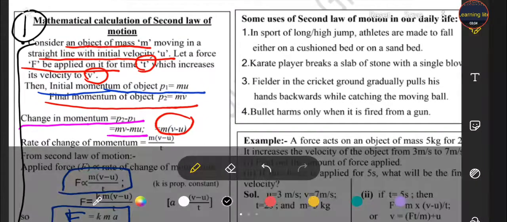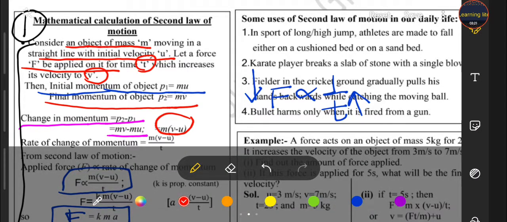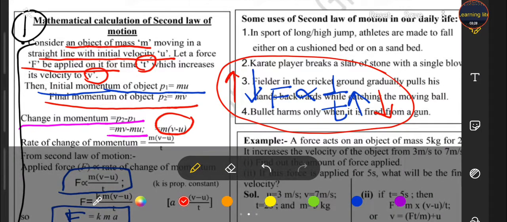Now we have some uses of the second law of motion in our daily life, student. According to the second law of motion, force is inversely proportional to time. If we increase the time, force decreases, and if we decrease the time, force increases, and all these examples depend on that. First, in the sports of long and high jump, athletes are made to fall either on a cushion bed or on a sand bed.